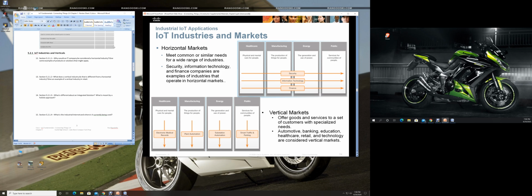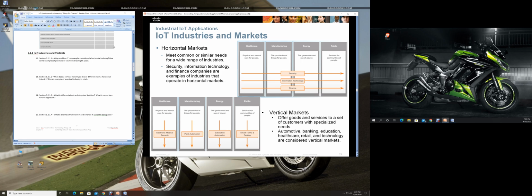A vertical market is something that again is built specifically for a certain type of industry or a service that's being offered. So as examples they show there of some vertical ones, like in healthcare, keeping medical records is a lot different than keeping a record of songs you have in something like iTunes.